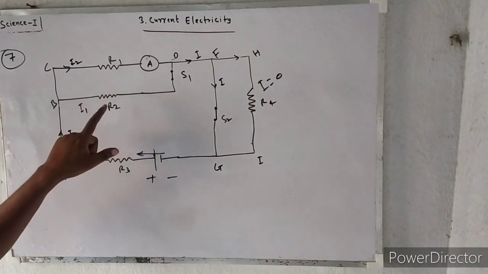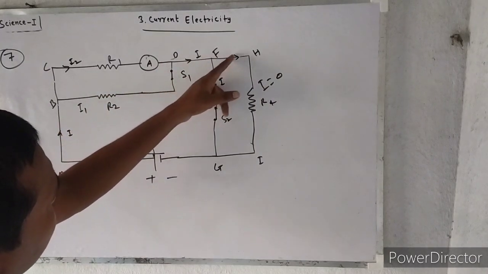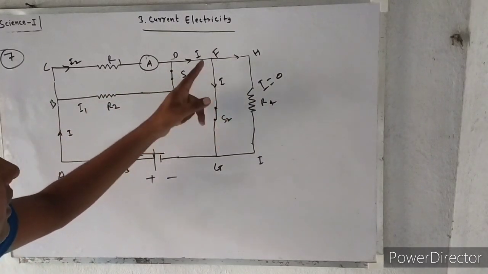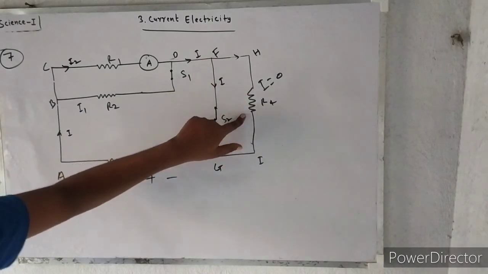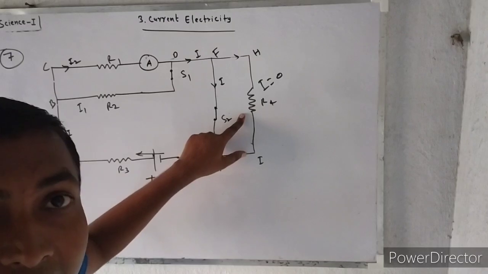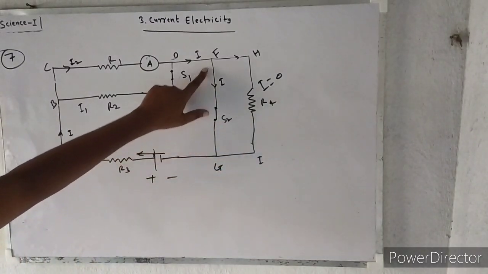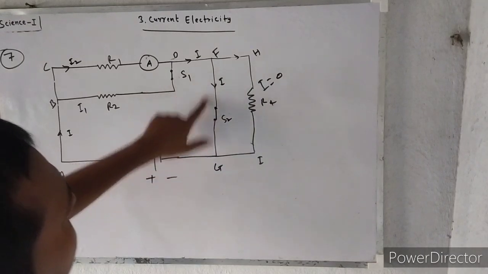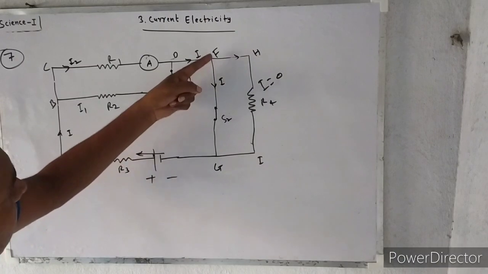Current will flow from R2 as well as R1, but current will not follow this path since there is resistance, and we know that current always follows those paths having minimum or zero resistance. Since the wire is short, there is no resistance, so all the current will pass through branch F and G.